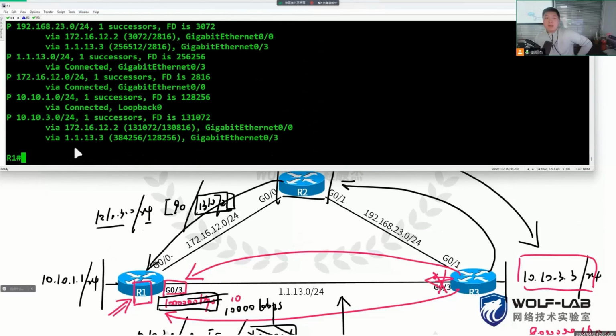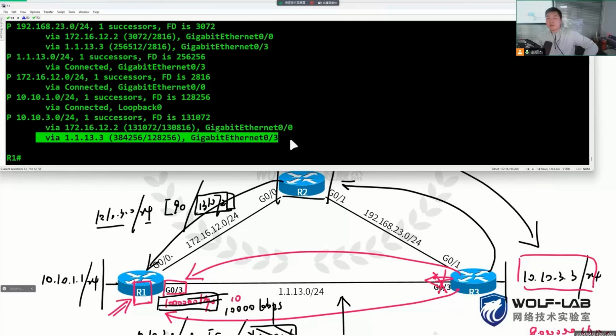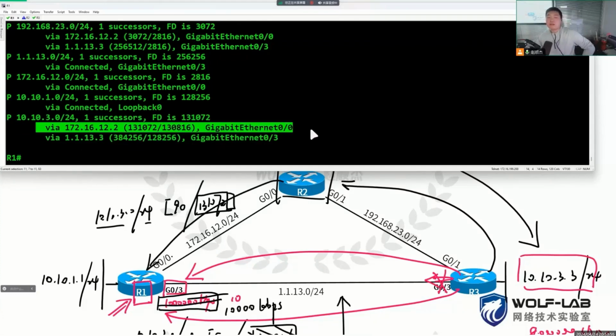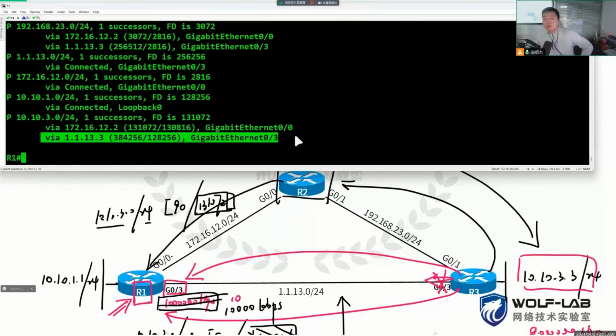R3's path, even though its FD value is not the best, and there is an upper path as the optimal path, has a next route whose metric value is less than our optimal path's FD value. The lower path becomes a feasible successor route. Meeting the conditions, once our main link, the successor route, falls, our feasible successor route can immediately be submitted to the routing table.